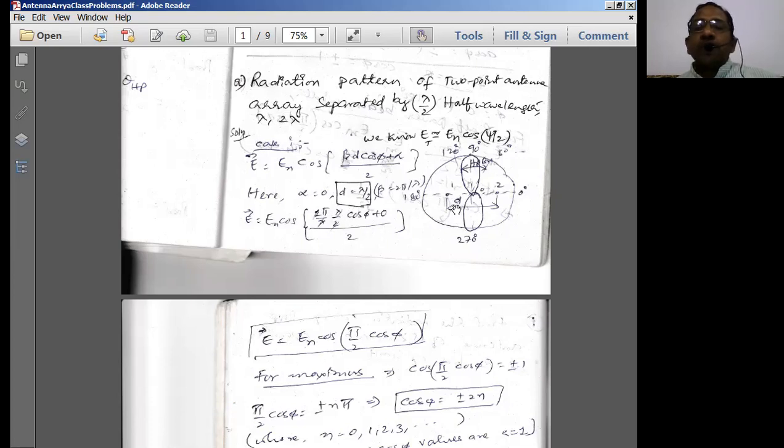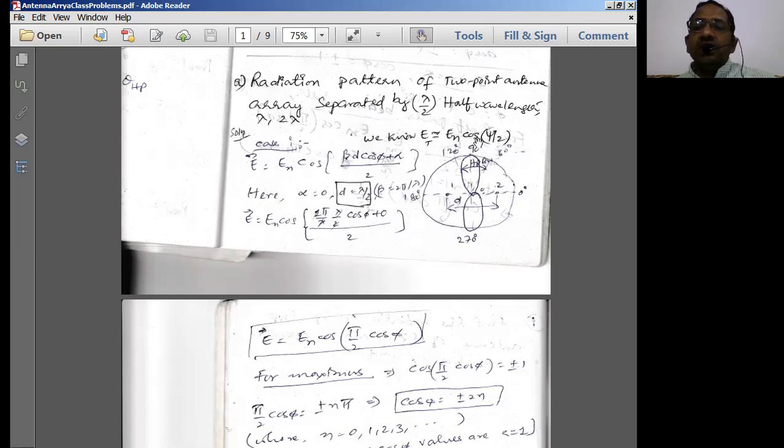For this, because of these two antennas, we have to find the electric field at a far point. At a far point, we are going to have a receiver. The receiver is going to receive the electromagnetic radiation radiated by the transmitting antenna. So at a far point, we have some point P, which is the location of a receiver, and the receiver is going to receive this electric field.